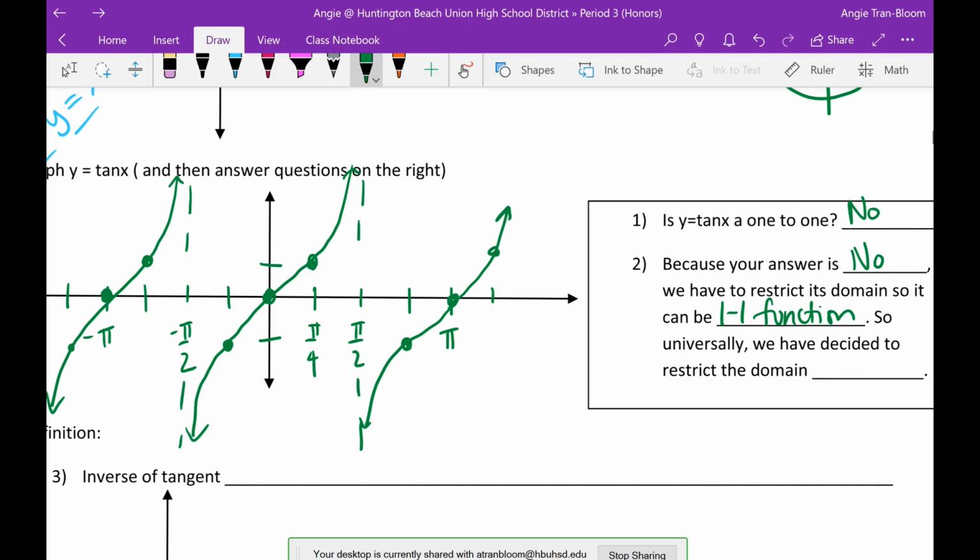So decide, where would you chop it off? Negative pi over 2 to pi over 2. That looks like a nice curve, right? Continuous. But in this case, we do not include the endpoints, so we're going to use parentheses, negative pi over 2 to positive pi over 2.